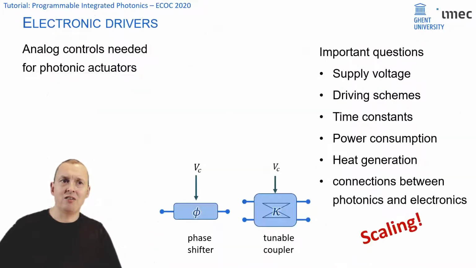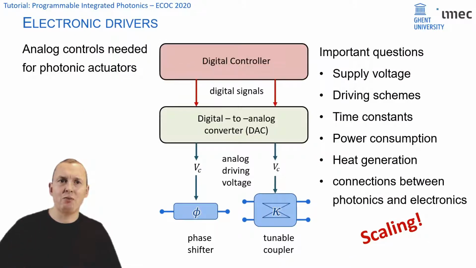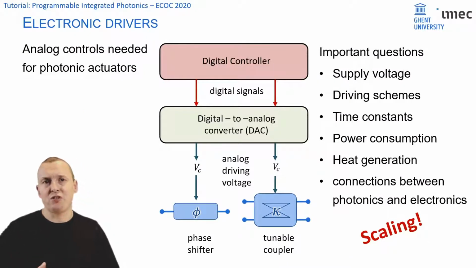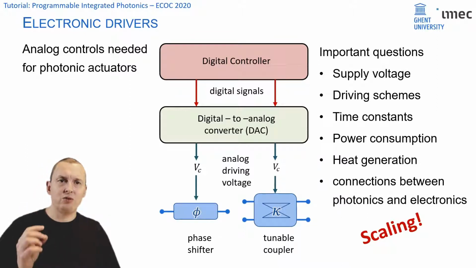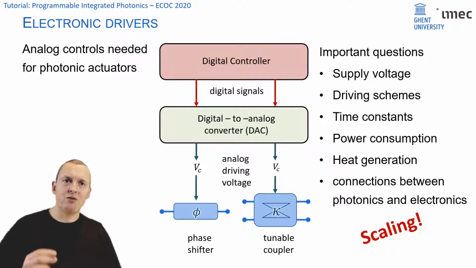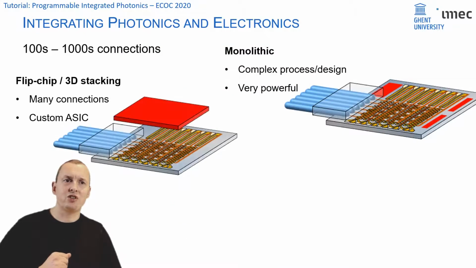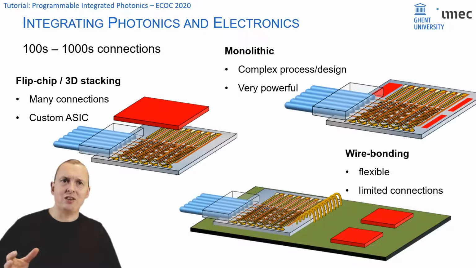So that means that for every phase shifter and tunable coupler, you need some digital driver, which requires electrical circuits, but it also requires a connection between your electrical circuit or your electrical driver and your photonics chip. And bringing electronics and photonics together is not that straightforward. There are different ways to do it.